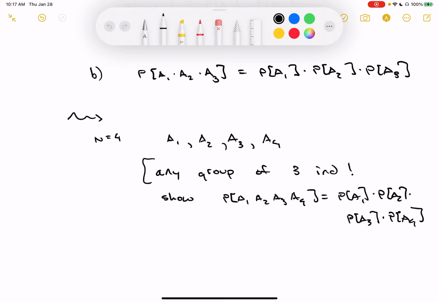How many different groups of 3 are there? Well, there's going to be 4 such groups. And all of those groups require that stuff that we did before, which requires to show that any group of 3 is independent, you have to show any of their pairs are independent. So it just increases geometrically as the number of elements gets larger. It can be difficult to show that large groups are independent if you don't have further information or further justification where you know that independence is built in. So it can be difficult in these cases to try to show independence of a large number of items.